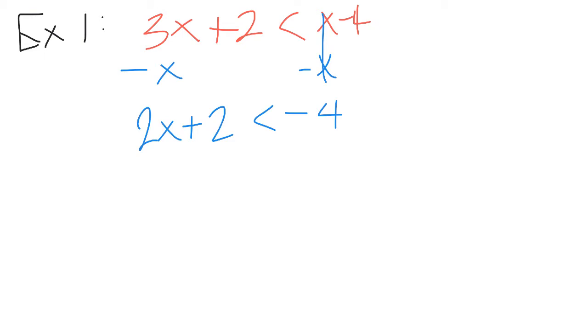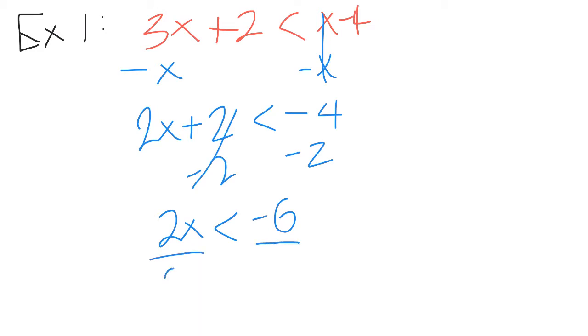Then I'm going to subtract 2 from both sides, so that I now have my variables, my 2x, on the left-hand side and -6 on the right-hand side. So again, variables on the left, constants on the right. The last thing I need to do is divide by my coefficient. And so I get x < -3.